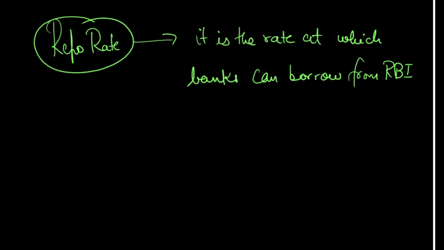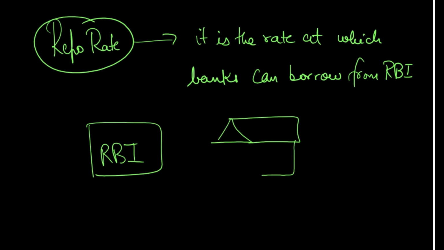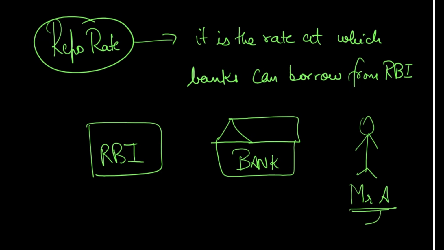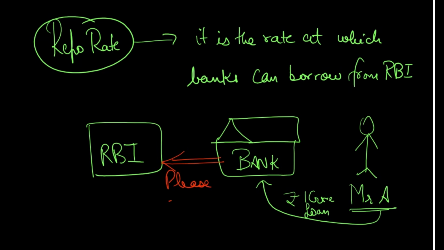So let's understand. This is RBI. Mr. A comes to the bank to ask for the 1 crore loan. Bank will go to the RBI: please lend me 1 crore loan.